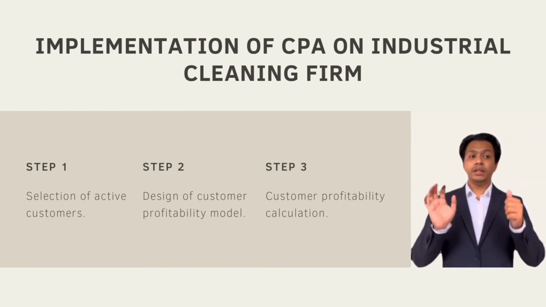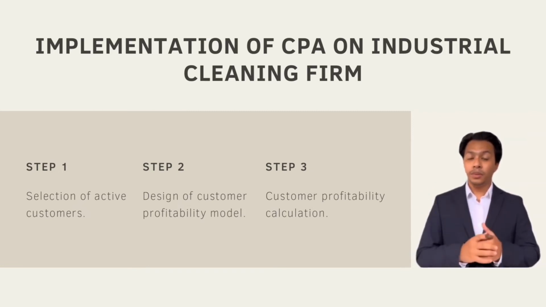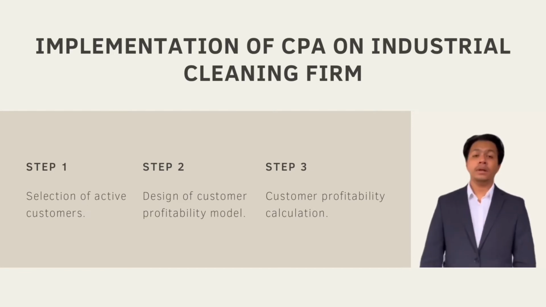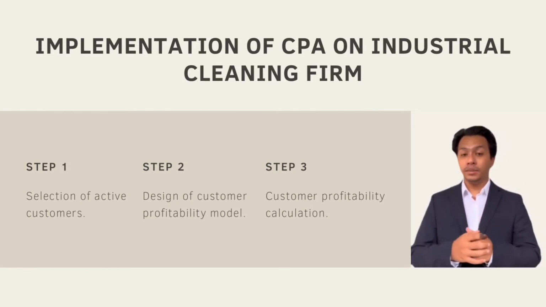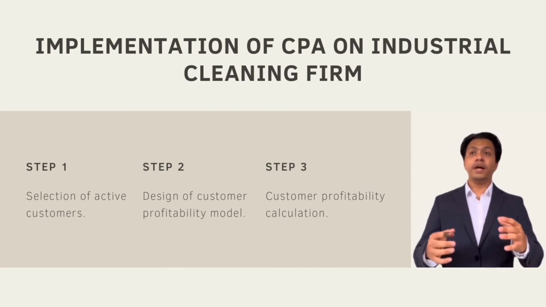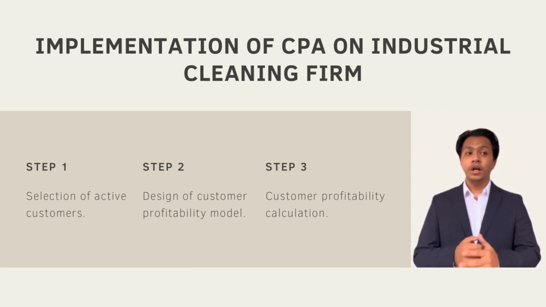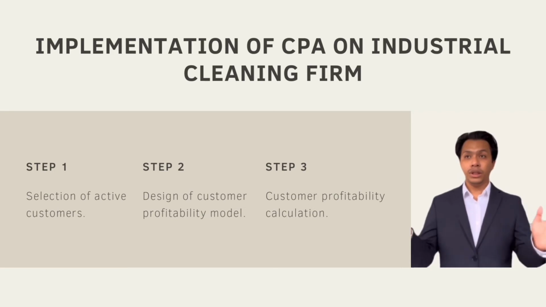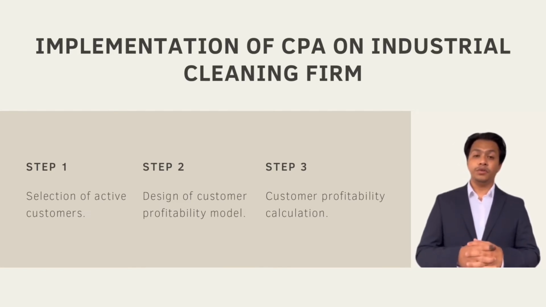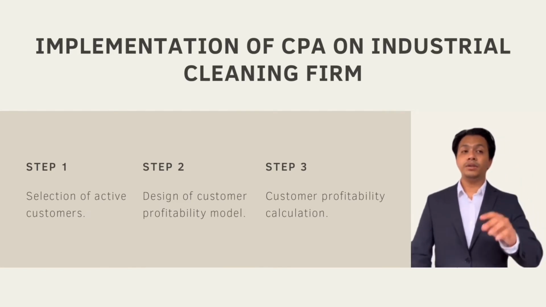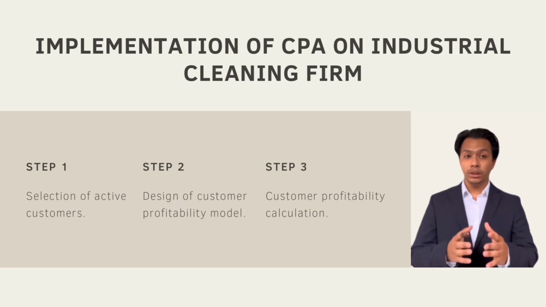They used 6 steps to implement customer profitability analysis inside their company. The company's first step is to select the active customers. The company identified its active customers from the end users and not from the wholesalers. They analyzed the customers' number of purchases per location to calculate the customer profitability. The second step is to design the customer profitability model.